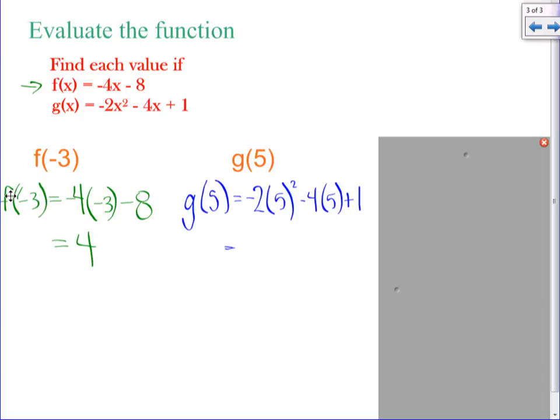All right, so here we've got a square first, and then we multiply by -2, -50, -20, plus 1, -69. So no matter how many x variables there are listed in your function, you have to replace every single x with that number they've asked you to. Yep. Do you rewrite the g of 5? You certainly can. g of 5 is equal to -69.